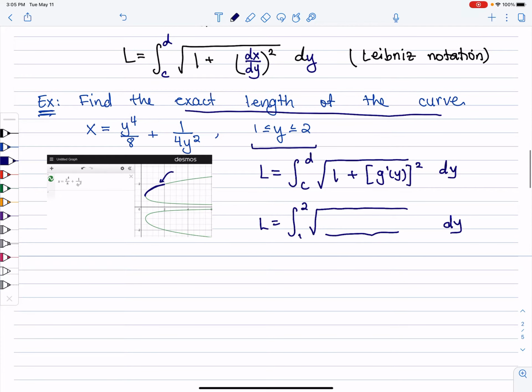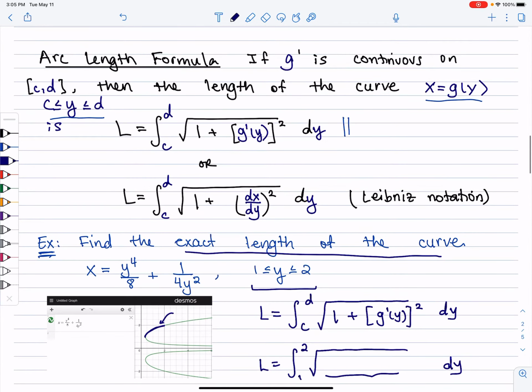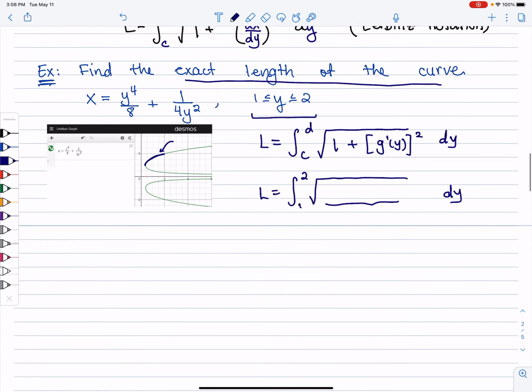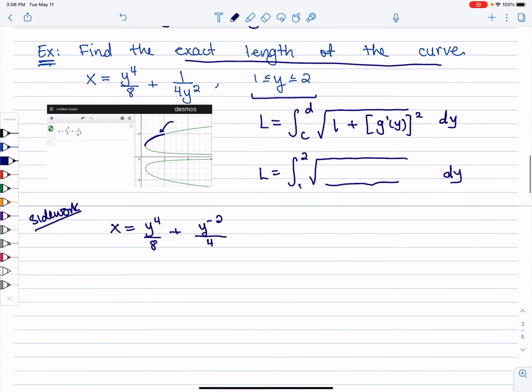Let's talk about g prime of y. We know that g of y is equal to x. So let me rewrite x here. This is side work. We're going to say x is equal to y to the 4th over 8 plus y to the negative 2 over 4. So x is equal to g of y. And now we're going to take the derivative of g with respect to y.